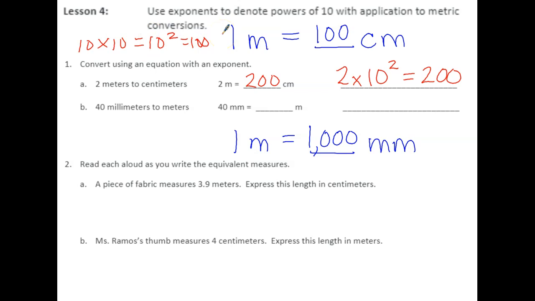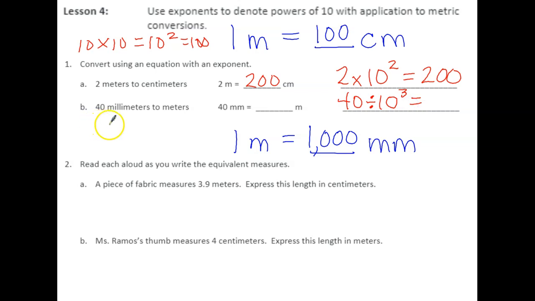All right. So now we're going to divide by 1,000 because we're going from smaller units to larger units. We know that if it takes 1,000 millimeters to equal 1 meter, then 40 millimeters is going to be less than 1 meter. So we're going to divide by 1,000. So we would say 40 divided by 1,000, which is 10 to the third power.